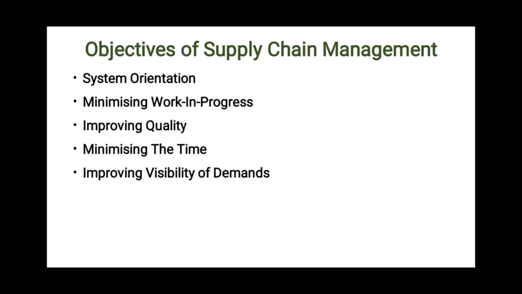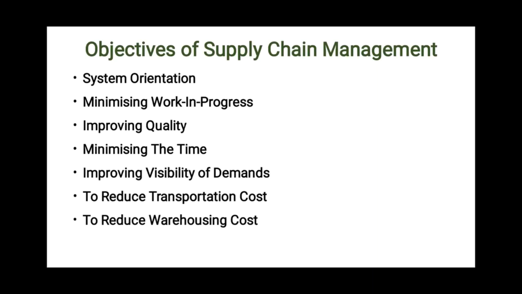Next objective is to reduce transportation cost. If the supply chain is efficient, then the transportation cost reduces and thus it benefits the company as efficiency increases and reduces the carrying cost of the company.